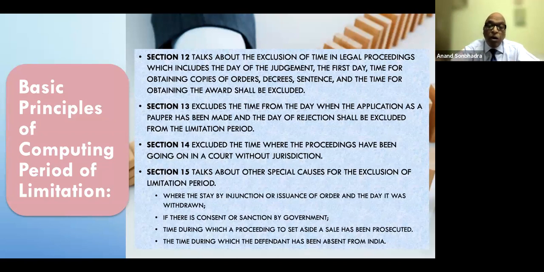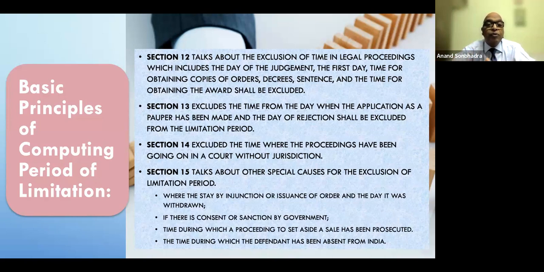The period of run, when it begins, and the period are very well specified in the Schedule. So for the case on hand, we can first correlate it with the Schedule, with the description of suit, proceedings, etc., and look at the runtime, how it begins, and the period which is applicable.